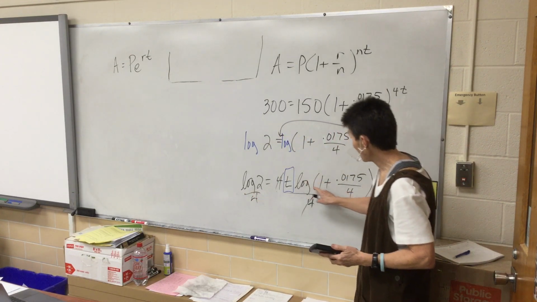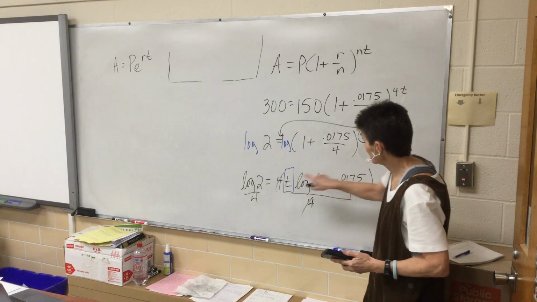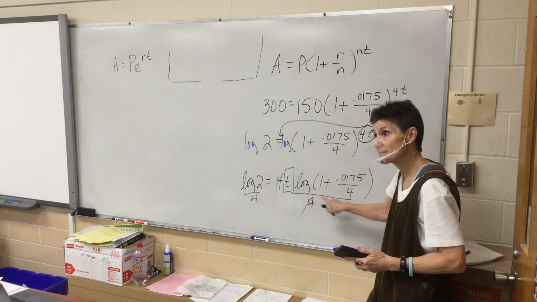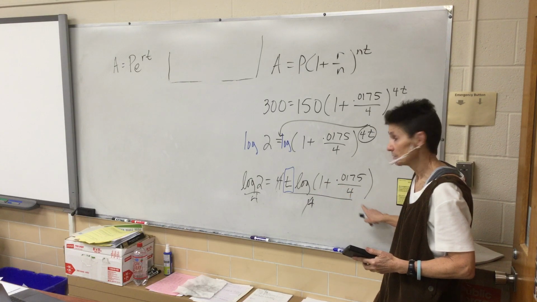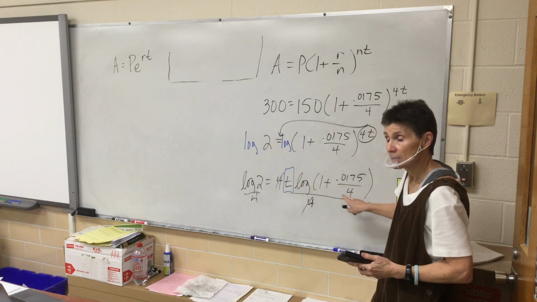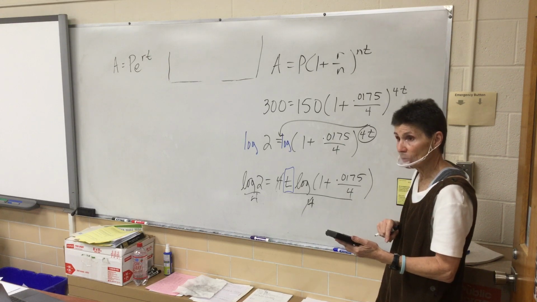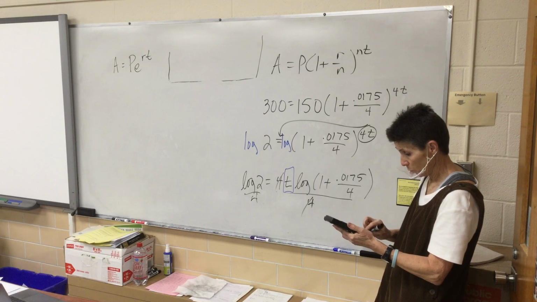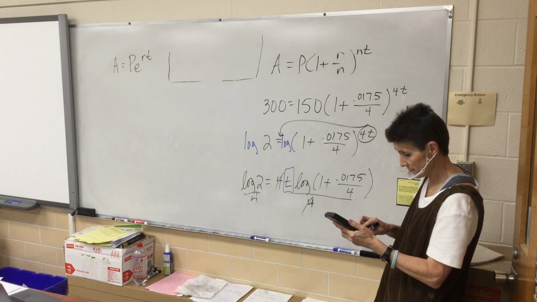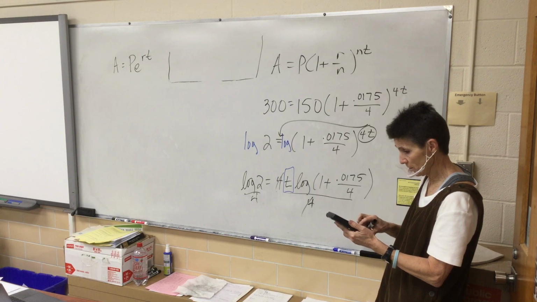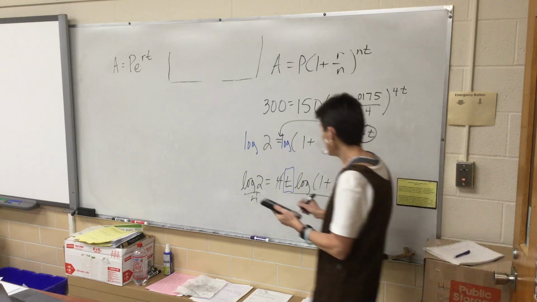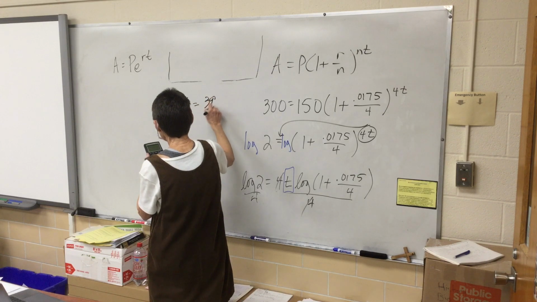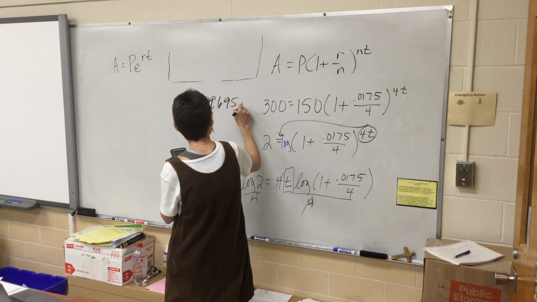But what else do I have to divide by if I want to have t all by itself? Don't I also have to divide by this? All this? So I already did divided by 4. Now I'm going to do divided by log 1 plus 0.0175 divided by 4. And the answer is 39.695 years.